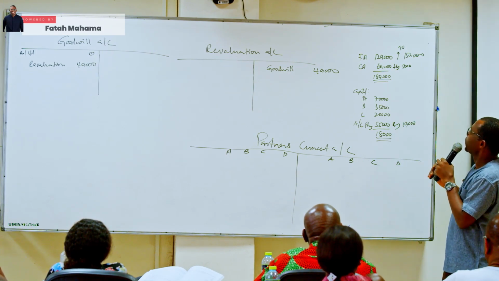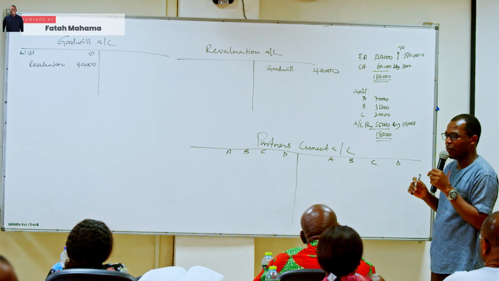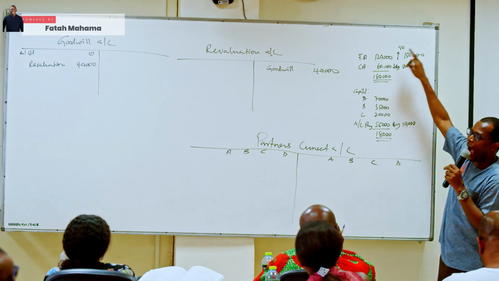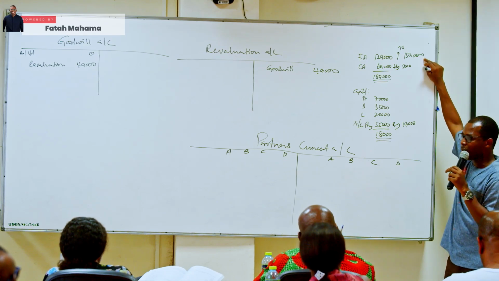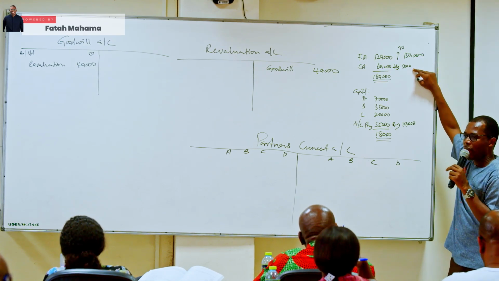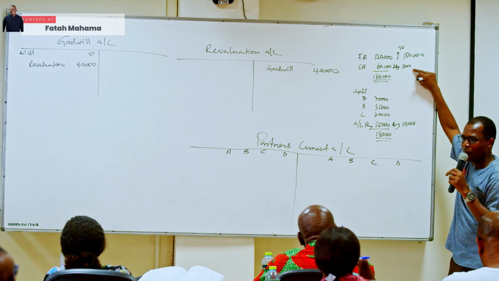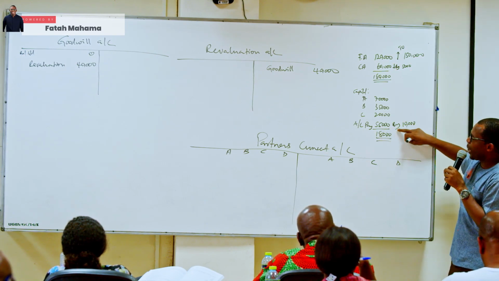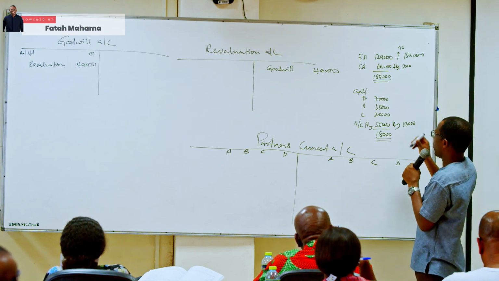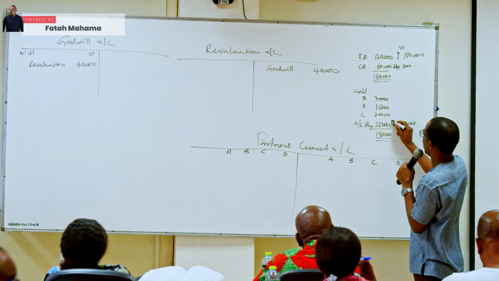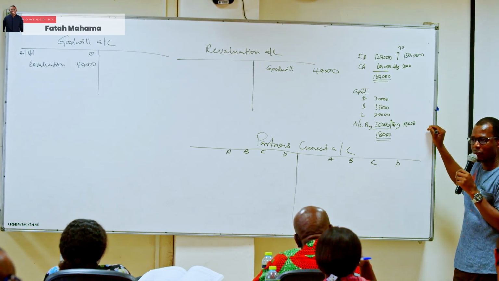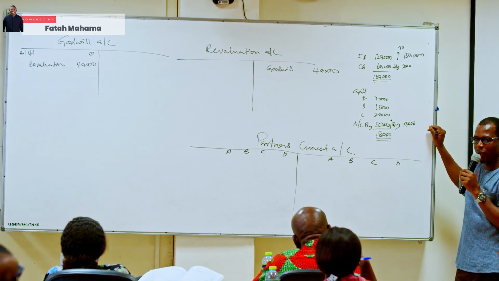Okay. What's the next sentence? That's all. So fixed asset should go up to 150,000. Current assets must come down by 5,000. Accounts payable, is it up or down? Increased by 10,000. Are we together? Okay.